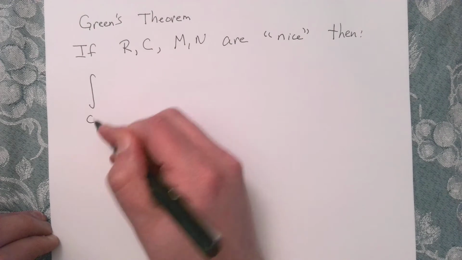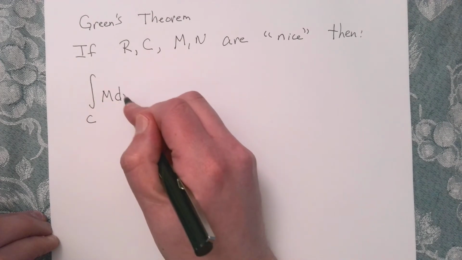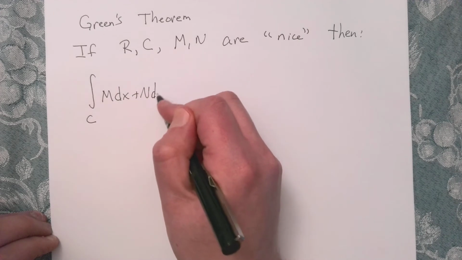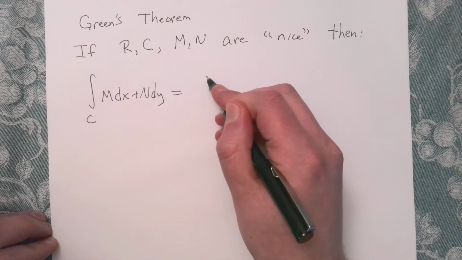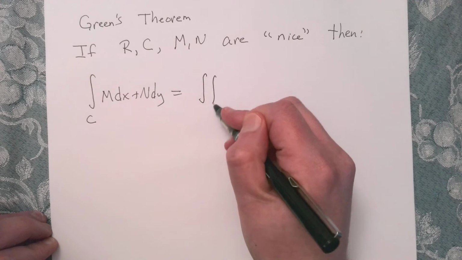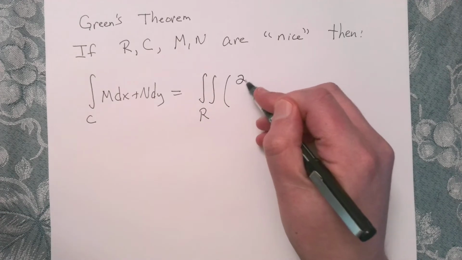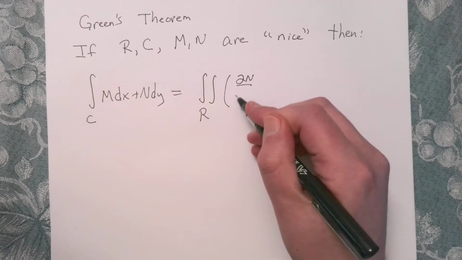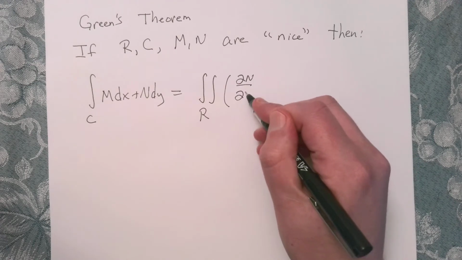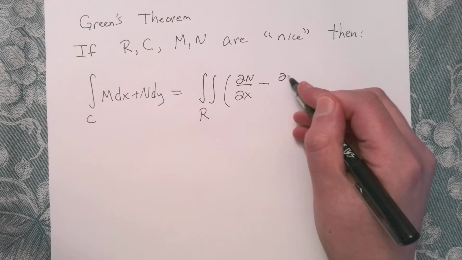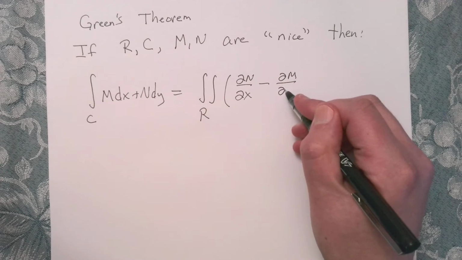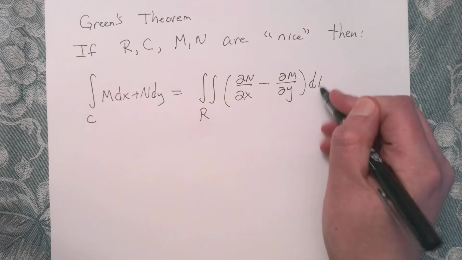Then the line integral of m dx plus n dy is equal to the double integral over the region of these sort of rotation elements. This is the partial of n with respect to x minus the partial of m with respect to y dA.